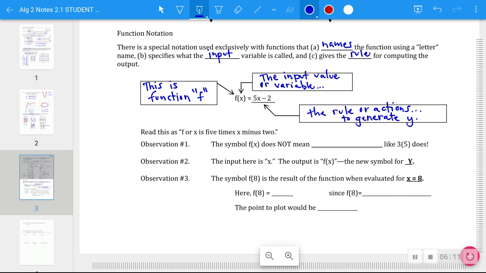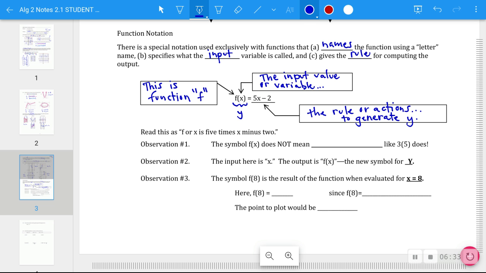Okay, one last thing before I move on here. The symbol taken together all at once is the same as the old y value. So you have f(x). The x inside the parentheses is actually an x, the input variable. But the symbol f(x) taken together is the y value. Okay, a couple of things.